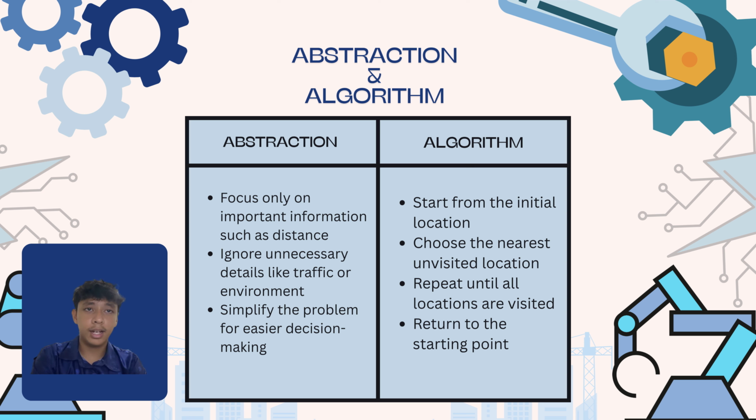Specifically, a heuristic method known as the nearest neighbor algorithm. This method works by starting at one location and always choosing the nearest unvisited location as the next step. Although this method is simple, it provides a systematic and efficient way to generate a solution, especially when dealing with complex problems.